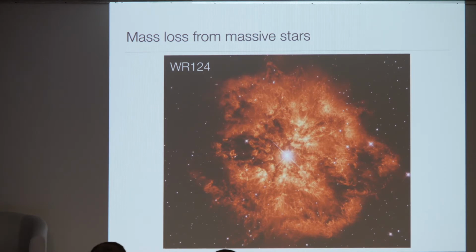And we do observe massive stars losing their mass, and this is one example of a Wolf-Rayet star. This is the star, and it is surrounded by material lost by the star, and we can observe many stars losing mass, especially massive stars.